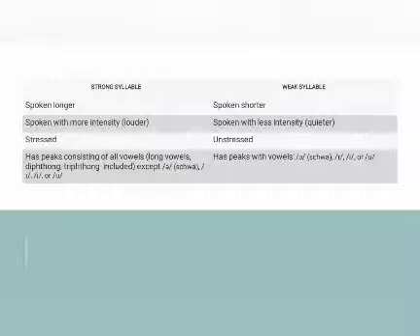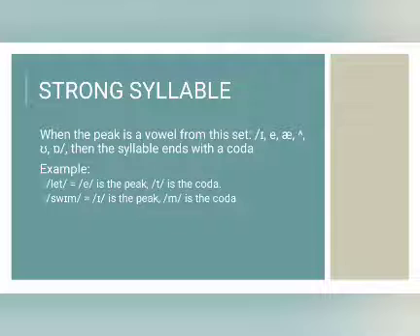Meanwhile, a weak syllable is spoken shorter, with less intensity or quieter, unstressed, and has peaks with the vowel schwa, i, or u. First, we will learn about strong syllables.